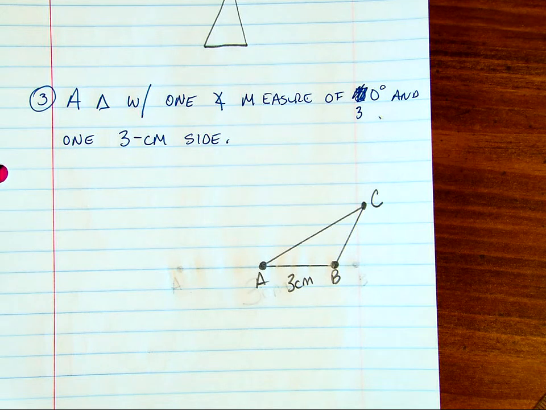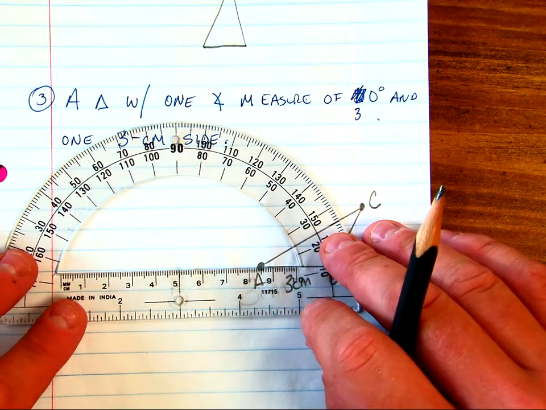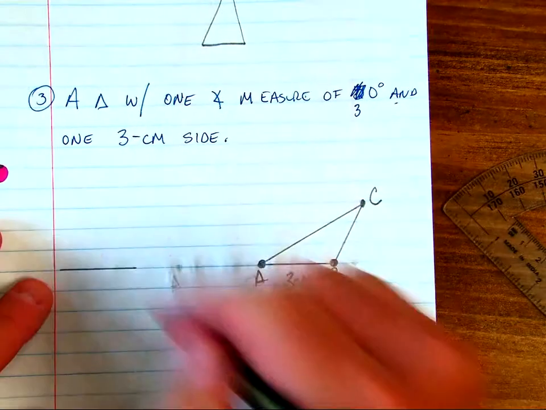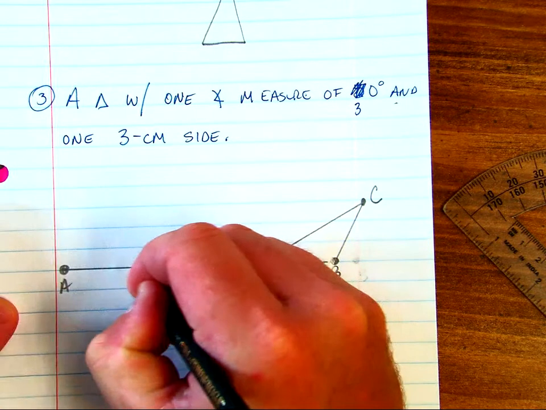Real quick, let me show you this. You do not have to copy this down. I'm going to draw another 3 centimeters. I'm going to mark it with letter A and B, and mark 3 centimeters. Now watch what I do this time.